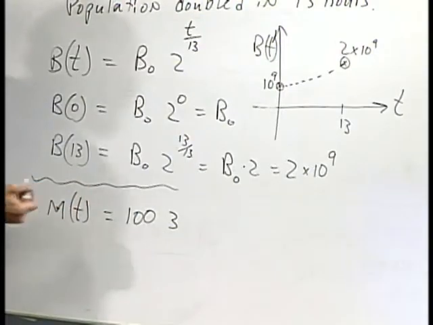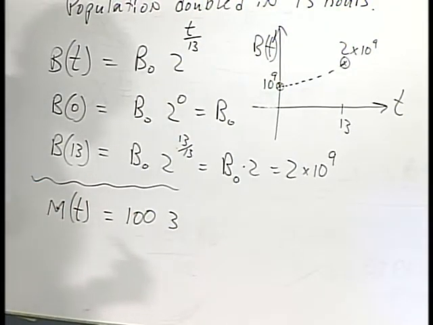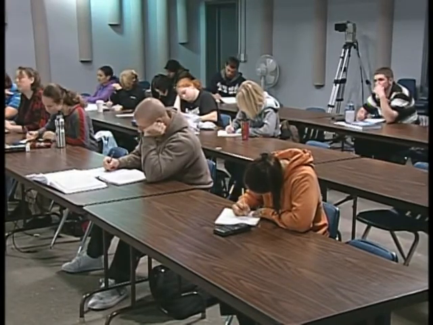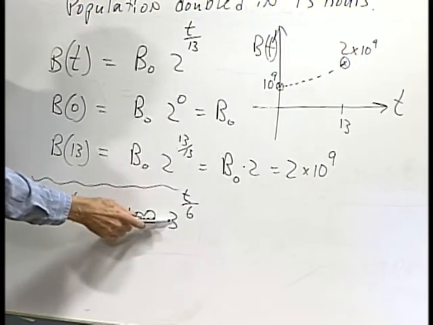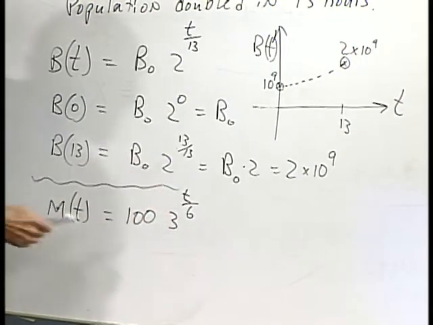So what exponent would you put on 3 to build the model? T over 6. Because if you put in 6 years for t, then this becomes 3 to the first power, and you're going to end up with $300. Okay?